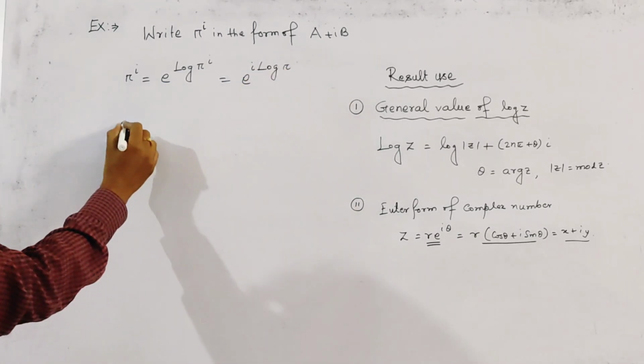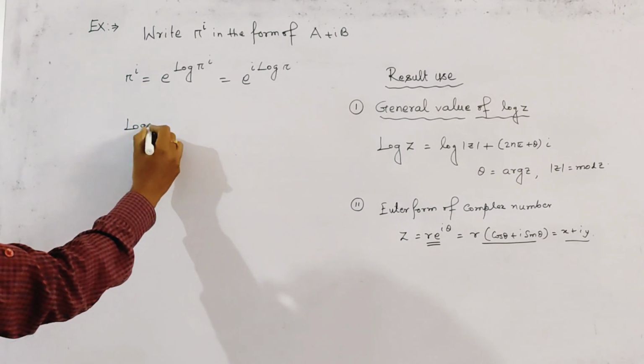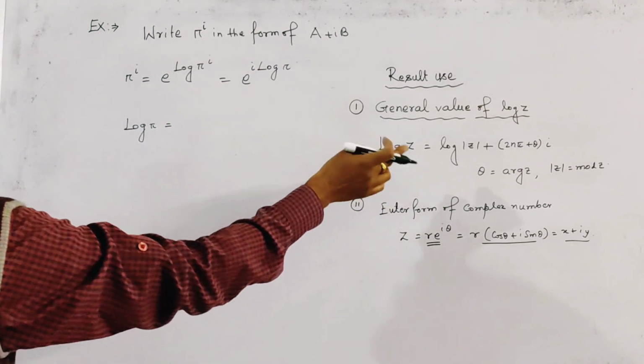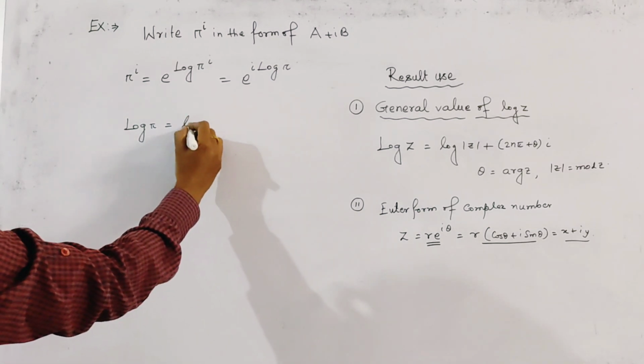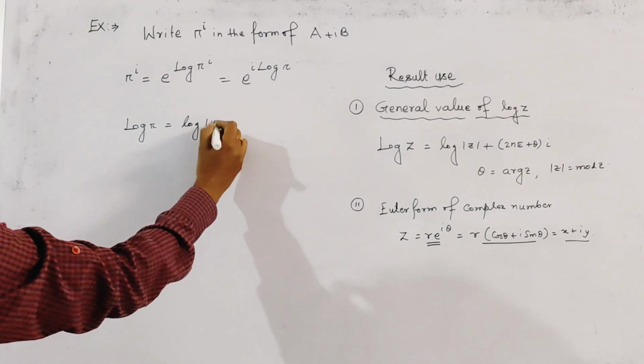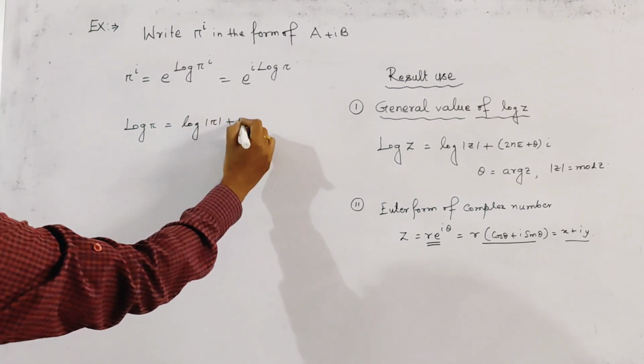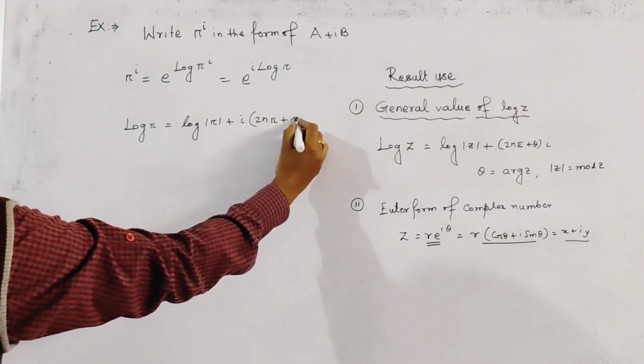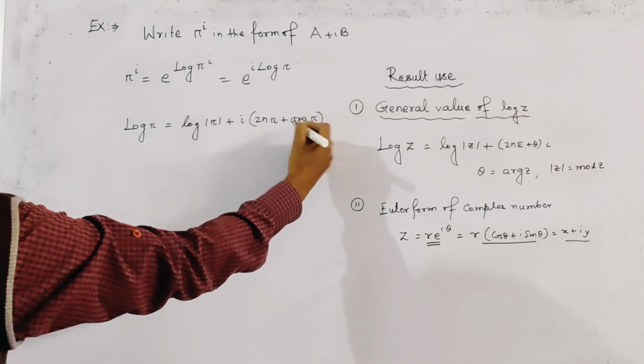Now capital Log of pi, by using the general formula of logarithm, we get log of mod pi plus i times (2n pi plus argument of pi).